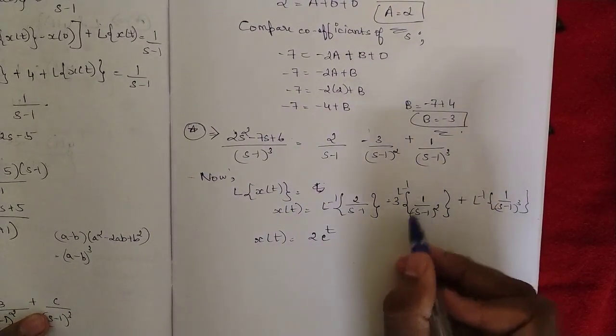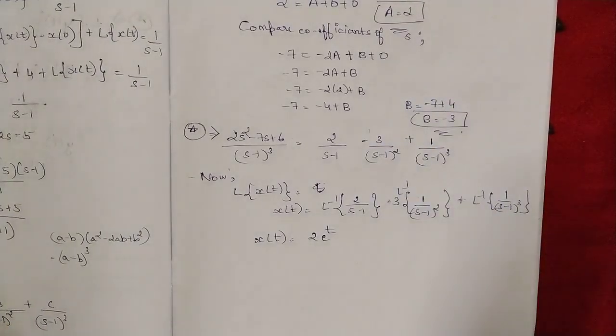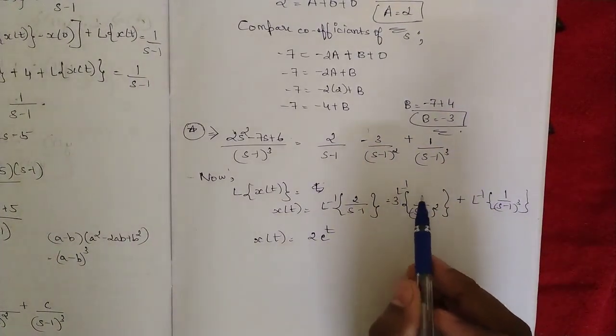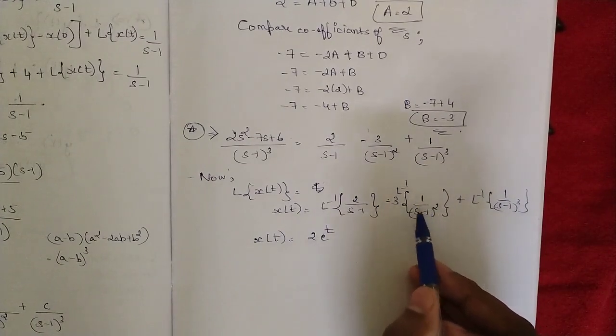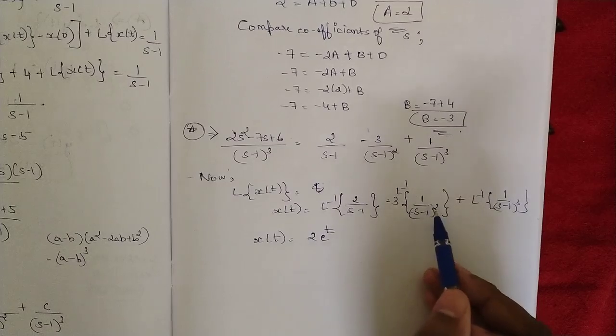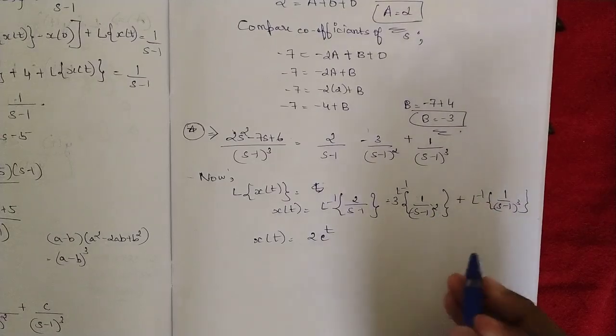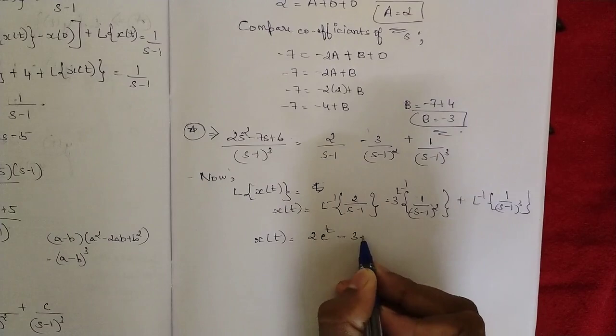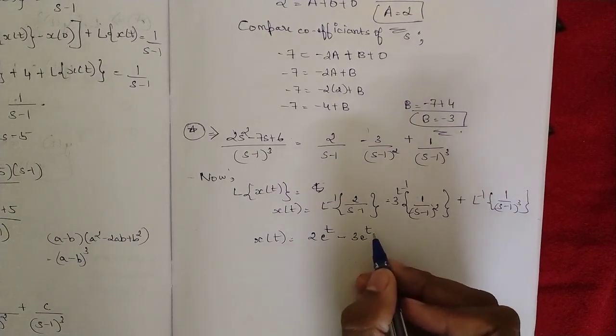And here we have s minus 1 the whole square. First, I am taking the separate inverse Laplace transform of 1 by s minus 1. If we take L inverse of 1 by s minus 1, that is equal to e to the power t. So minus 3 e to the power t I am writing here outside.